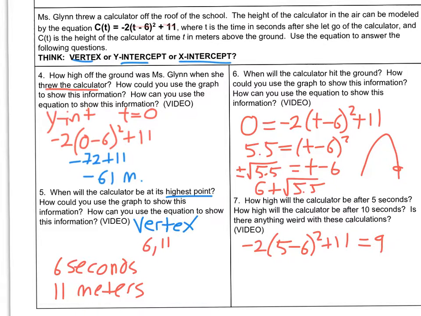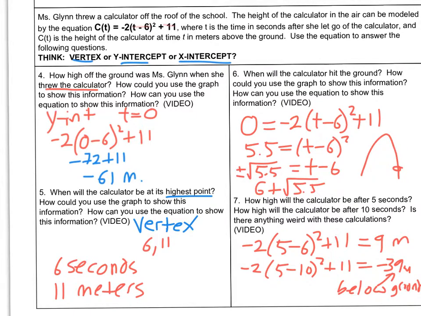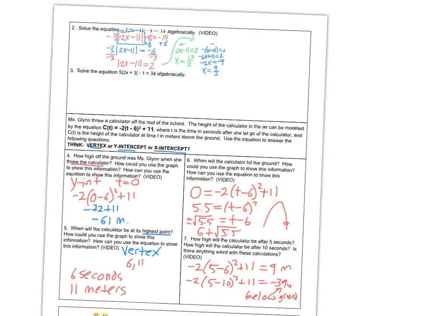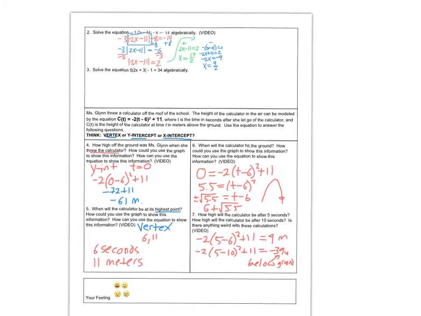And after 10 seconds, I've got -2 and 5 minus 10 squared plus 11, that's -50, so positive 11 plus -50 is -39. This would be below ground, which also kind of is weird, but you know, we're starting below ground anyway, so there's a lot of stuff wrong with this problem. Woohoo!